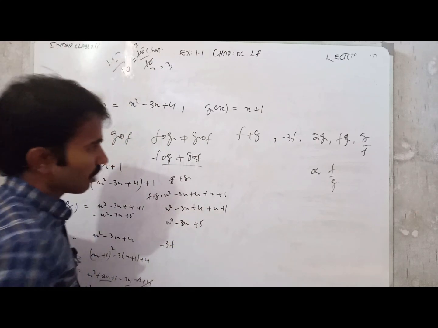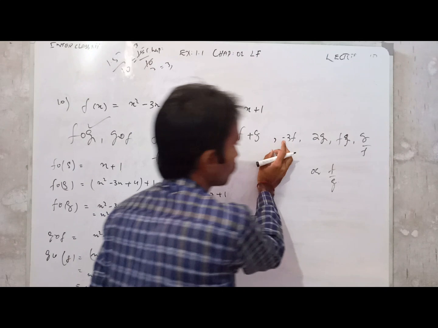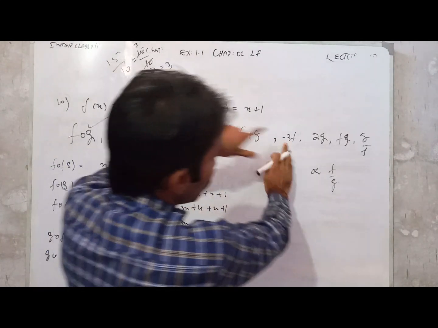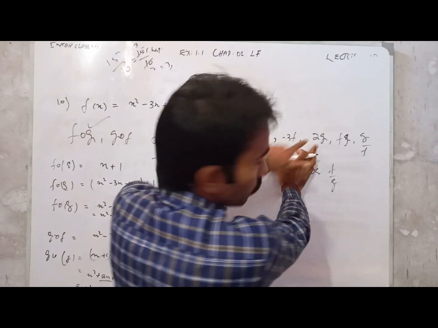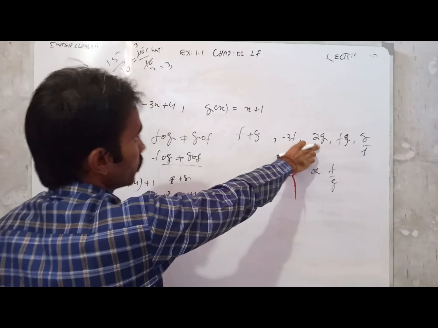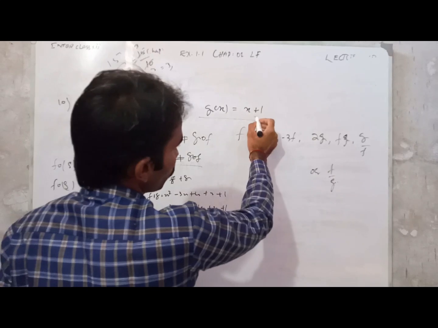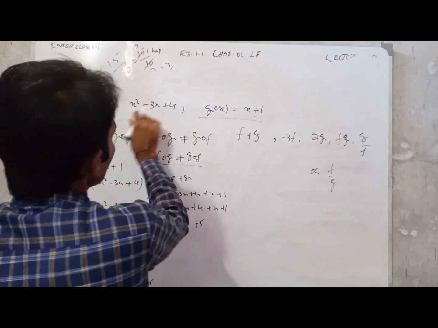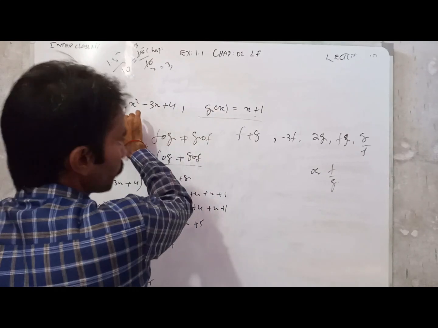Then you can find minus 3 f, you just multiply minus 3 to the function x square minus 3x plus 4. In 2g, you will multiply 2 with g of x, which is x plus 1. And f times g means that you will multiply both functions g of x and f of x.